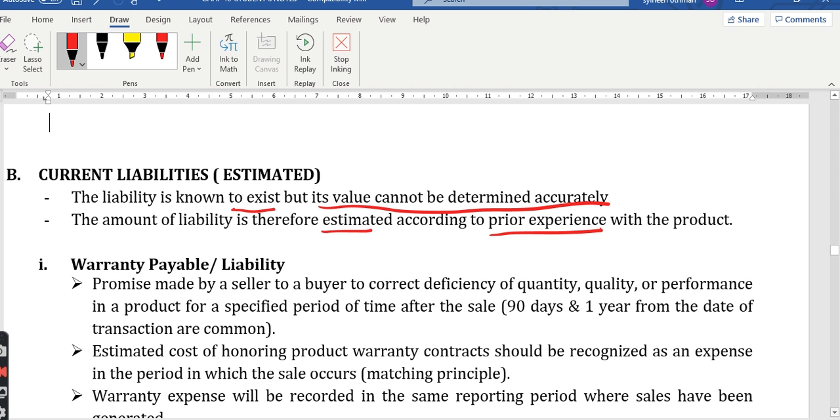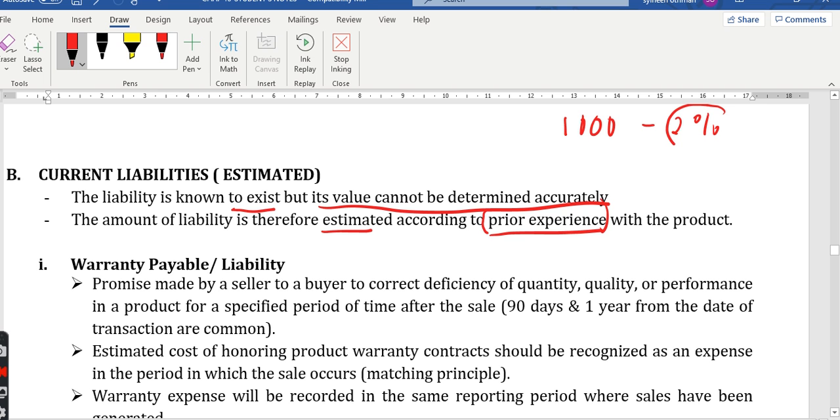So every time we sell goods, we have already estimated. Let's say I sell 1,000 units. From the 1,000 units, because liability is something that is estimated, it is based on your prior experience. Usually if I sell 1,000, maybe about 2% of the goods will be defective. So it's actually an estimation.